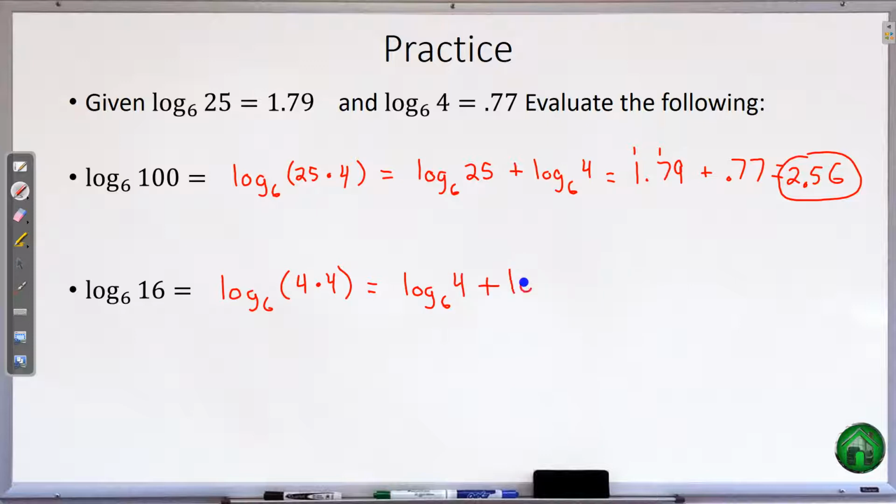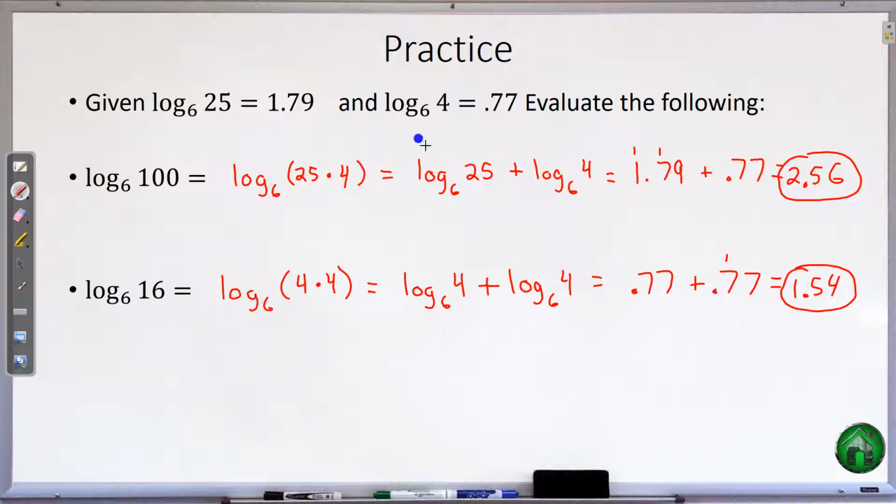So again, we're using the property, but we're doing it backwards. Now I know something about these two. The first one is 0.77, and the second one is also 0.77. And so we add those, 4, 1, 5, 1.54 it looks like.